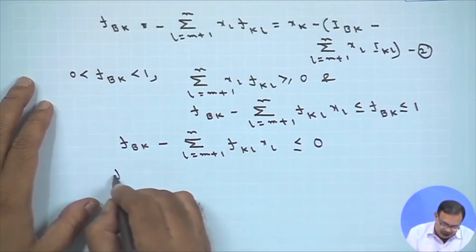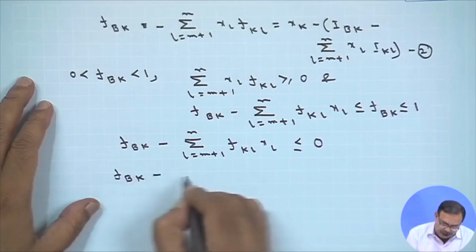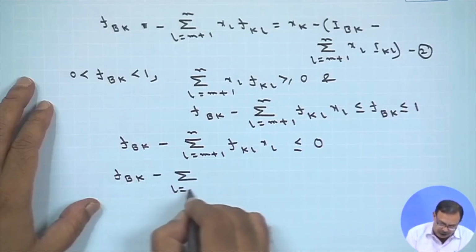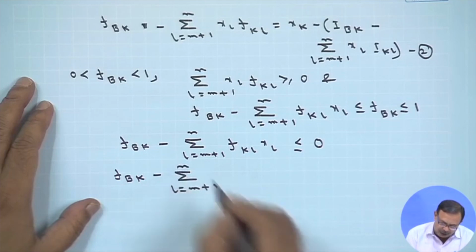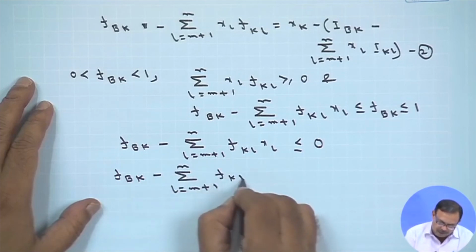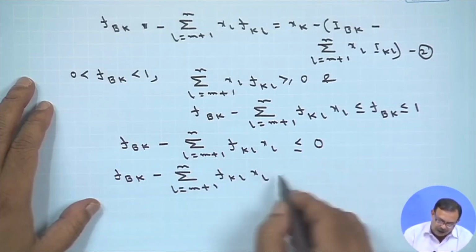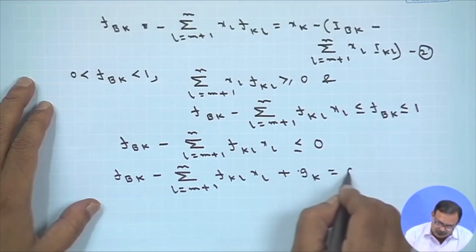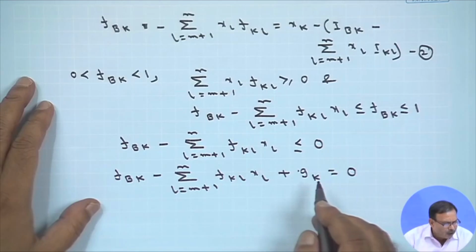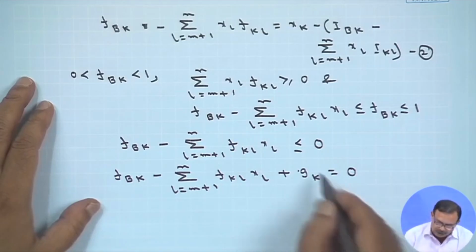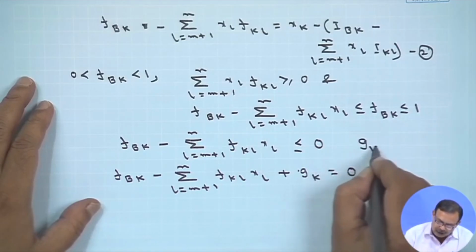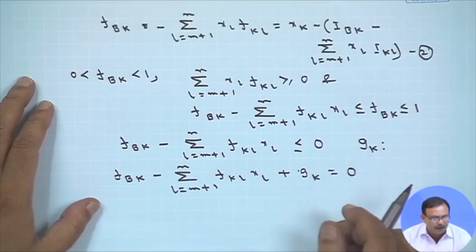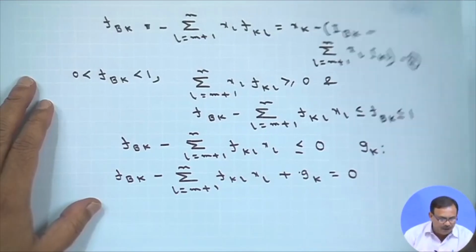That is, I can write f BK minus summation L equals m plus 1 to n f of KL XL. Since this is negative, so I am writing GK, this is equal to 0, where we call this GK the Gomorian slack variable.